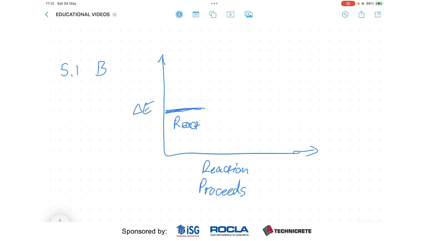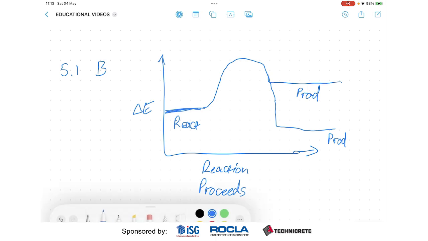I'll just say react. And then we have some energy hump. And then depending on the reaction, if it's an exothermic reaction, then energy is given off and our products would be down here. If it's endothermic and not exothermic, then our final state would be somewhere here. So we're just going to go ahead and assume that our reaction is exothermic. It doesn't really matter. And that our final energy level of our products is lower than our starting.